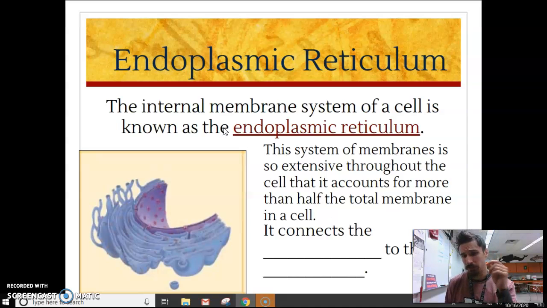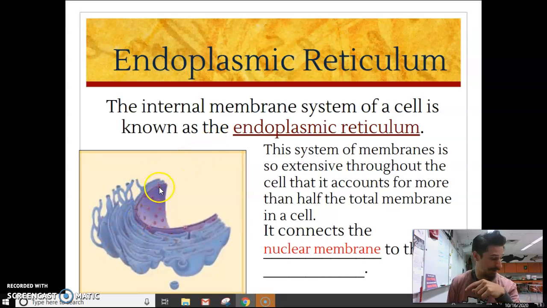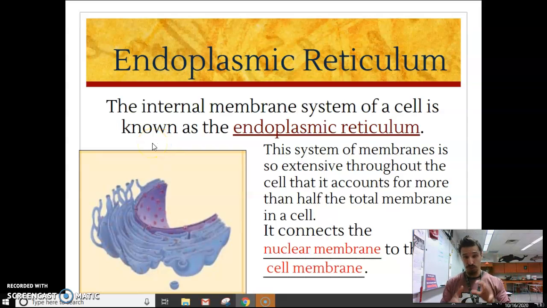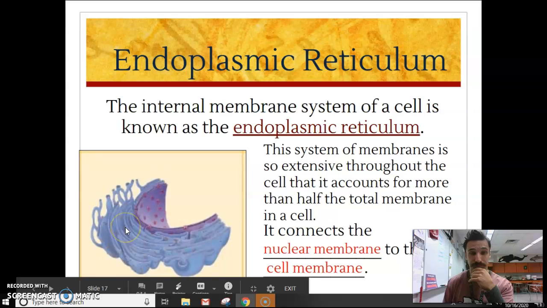And being pressed right up against the nucleus and being such a big organelle inside the cell, it actually connects the nuclear membrane, which you can see right here, to the cell membrane. So it attaches the control center of the cell to the most outer region of the cell. So the cell is one big connection, and the ER accomplishes that.